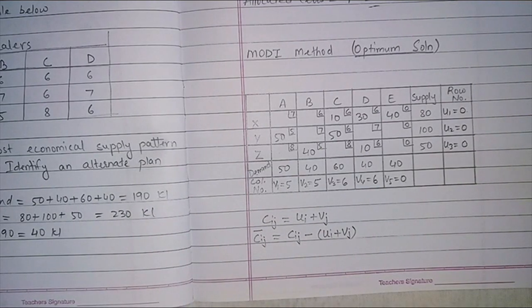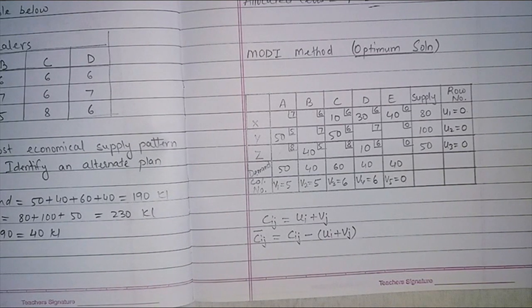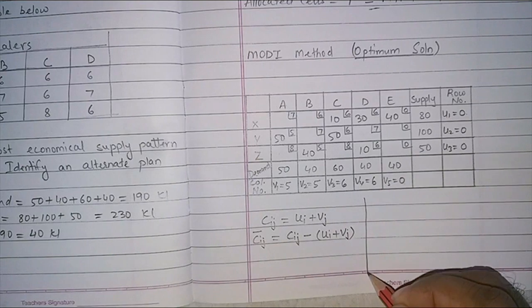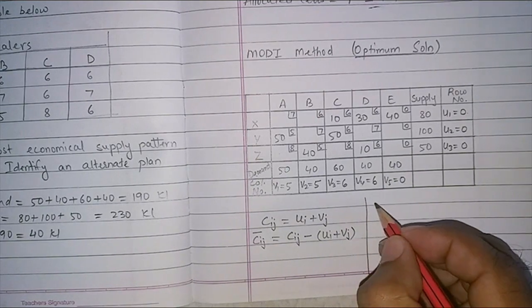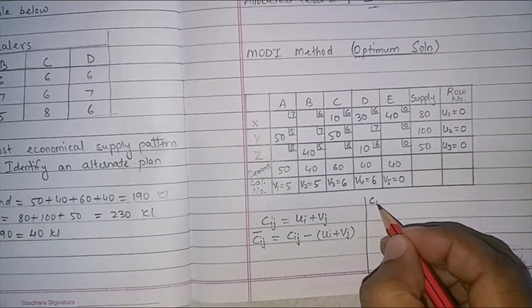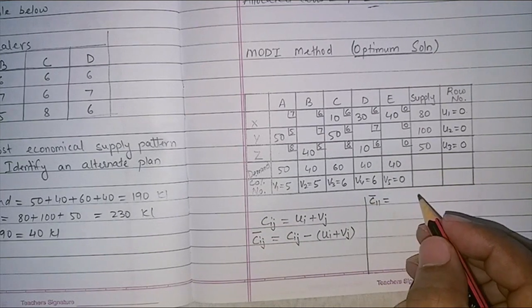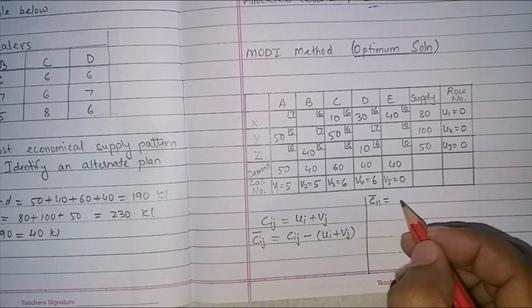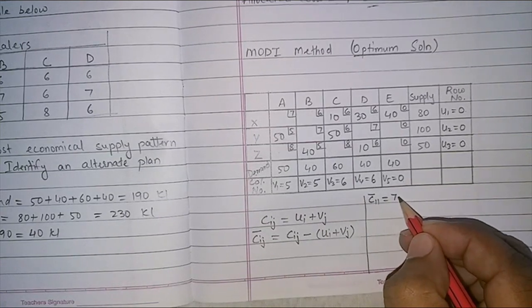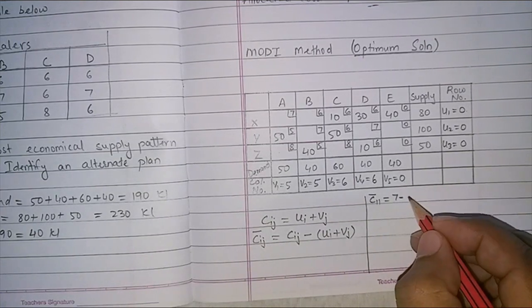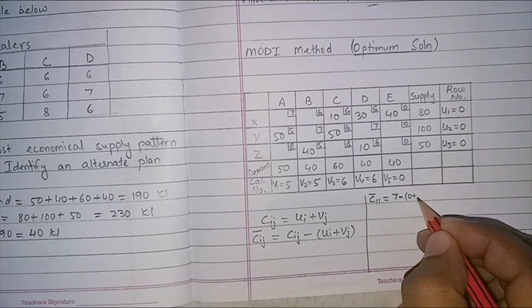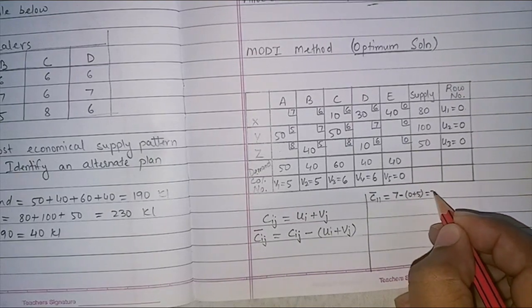For this example, let us do the calculation for each of them. For the first cell, I'll put the values here itself. We have C11 bar. For 11, that is XA, cost is 7 minus (0 plus 5), which gives you 2.